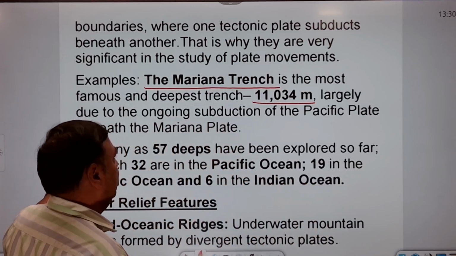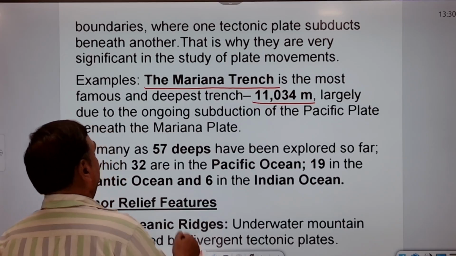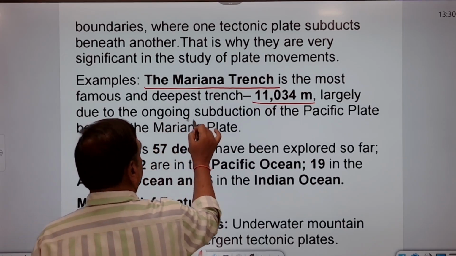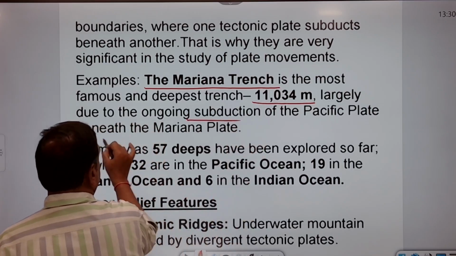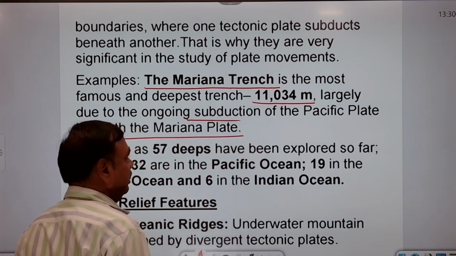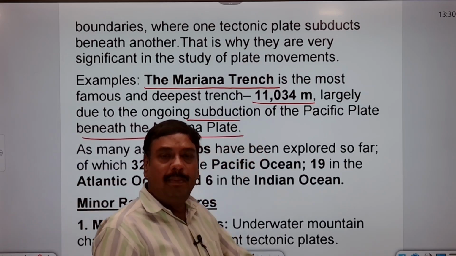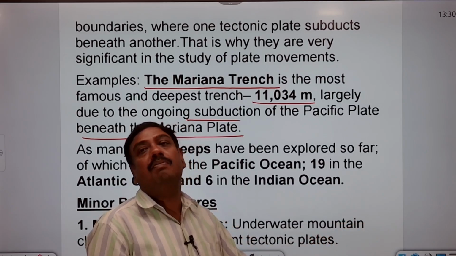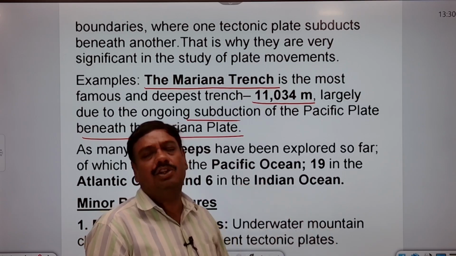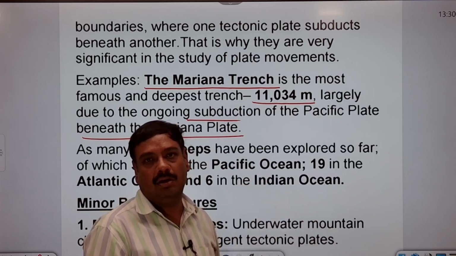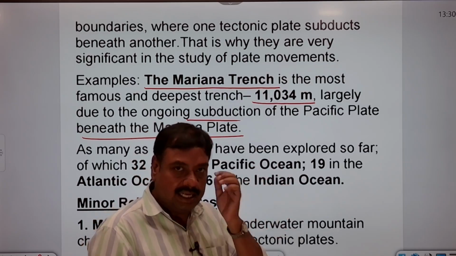And this Mariana Trench has been formed due to ongoing subduction. What is subducting? The Pacific plate is subducting beneath the Mariana plate. The Mariana plate is along the western margin of the Pacific Ocean, near the Philippines actually.